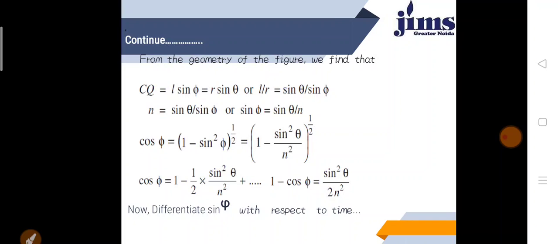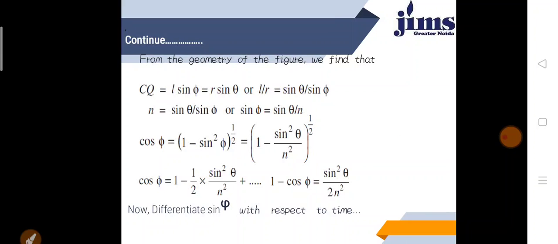In the previous lecture I already told you the value of d theta upon dt equals omega, the angular velocity. Since the angular velocity of the connecting rod PC is the same as the angular velocity of point P with respect to C, it is equal to d phi over dt. Here we got the value d phi over dt is cos theta upon n multiplied by omega upon cos phi.